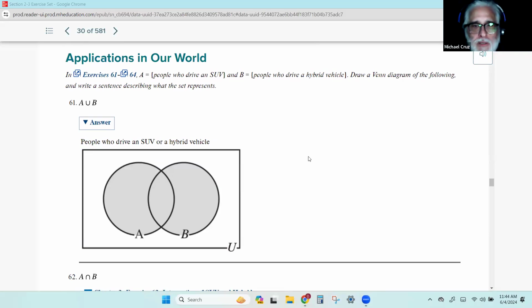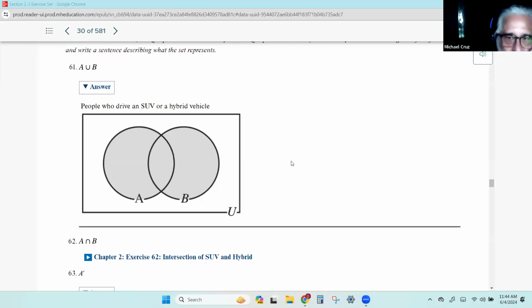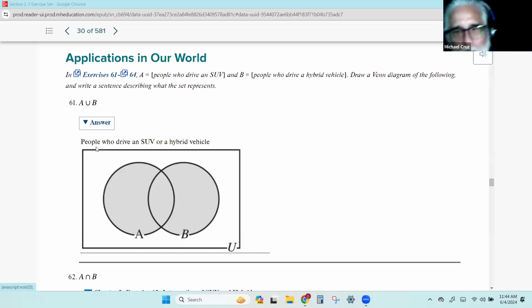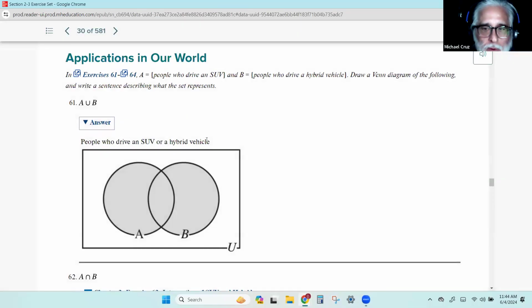All right, so this is just drawing a Venn diagram. A is people who drive an SUV, and B is people who drive a hybrid vehicle. It wants us to identify the people who drive an SUV or a hybrid.